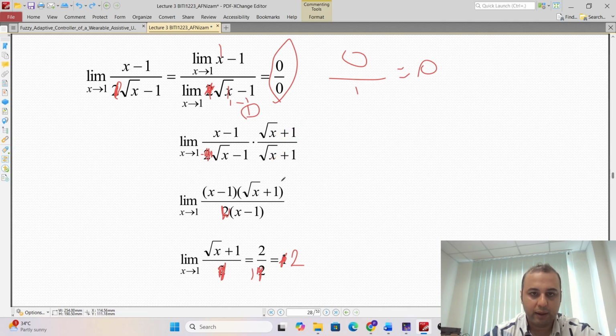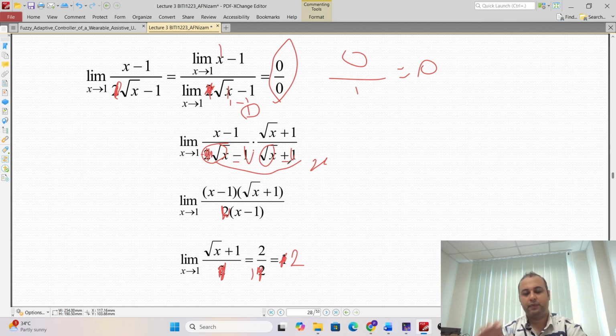So we multiply these two. What we have on the downside are the same terms, square root of x plus 1. If you have plus and minus, two expressions with the same terms, the only difference is positive and negative.